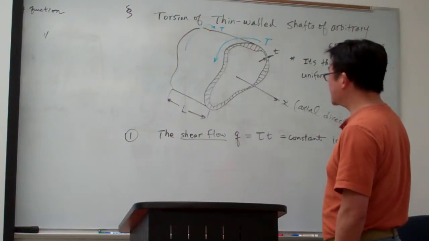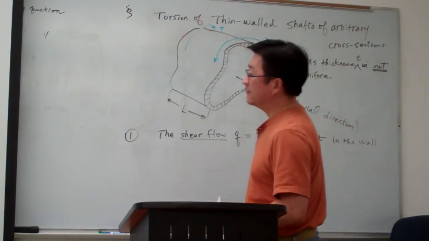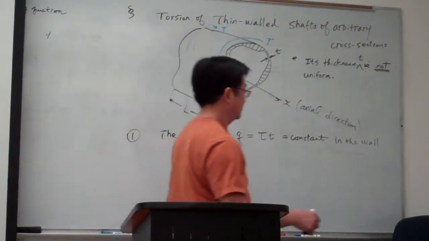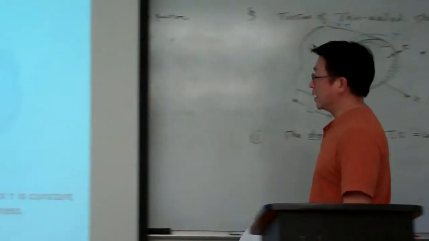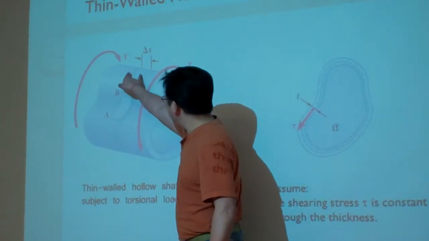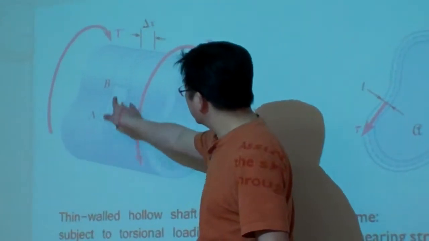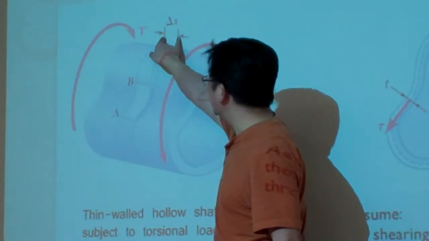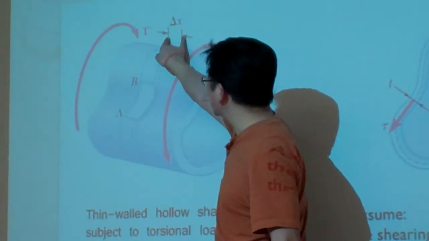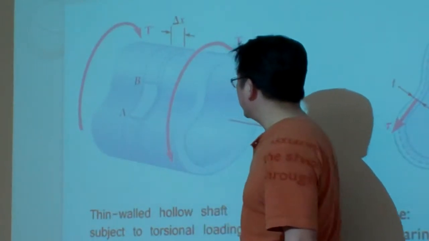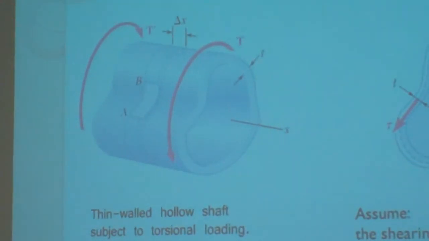Okay, so for this case, I'm going to explain why. By looking at this diagram, it's kind of hard to draw, but here you can see, we take a thin strip of the shaft with width delta x. And then I simply take out this patch AB as a free body diagram. Let me put that free body diagram here.